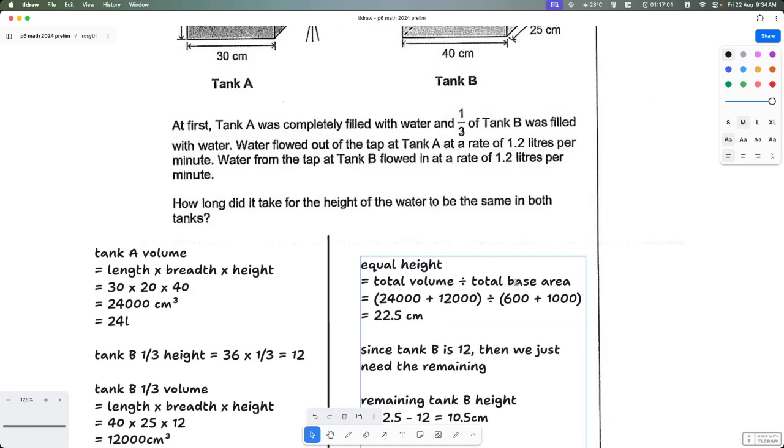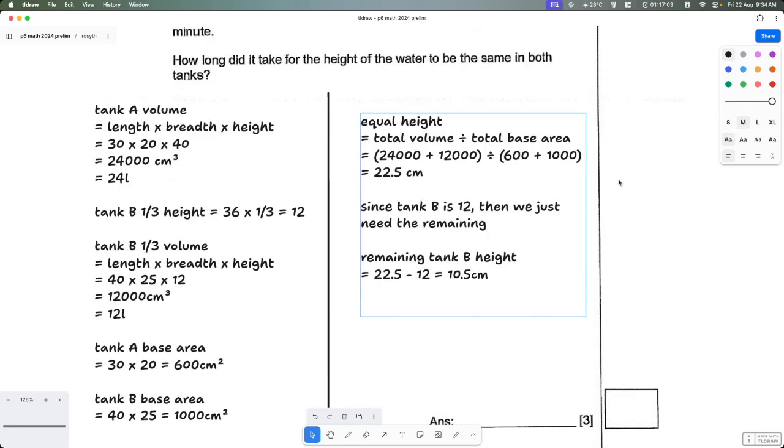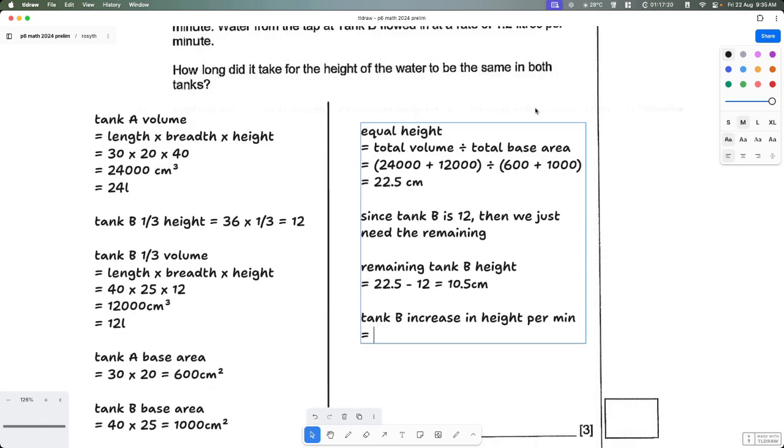So at the same time, we also need to know what's the rate. So rate tank B increase in height per minute is equal to in this case 1.2 liters.